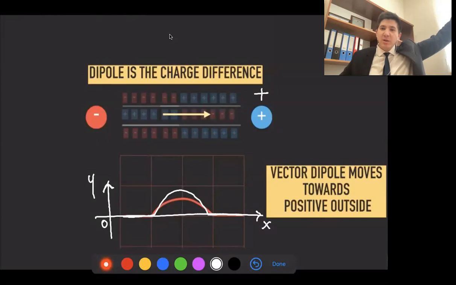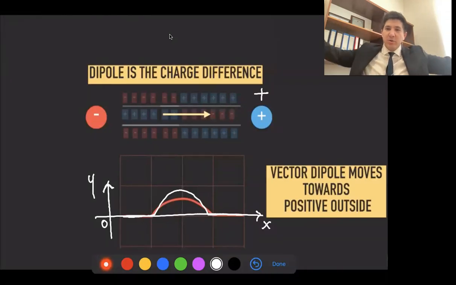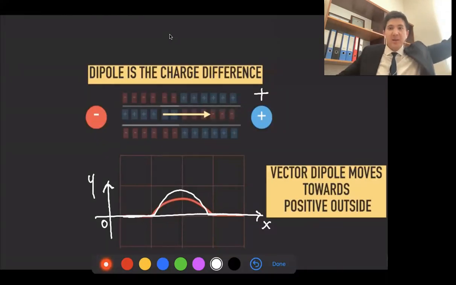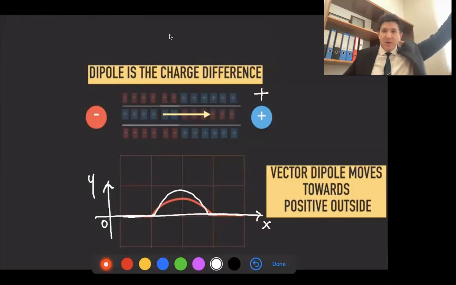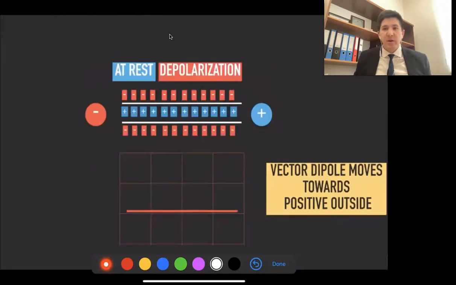It's about to transmit the signal to your next hand, but it didn't. At this stage, there is a difference in charge. So this part is positive, this part is negative, and this is going to be measured using the dipole, okay? But now when it's transmitted to all of the parts again, so you've got depolarized cells, is there any dipole inside the cell? No, because the dipole again measures the charge difference inside the cell.